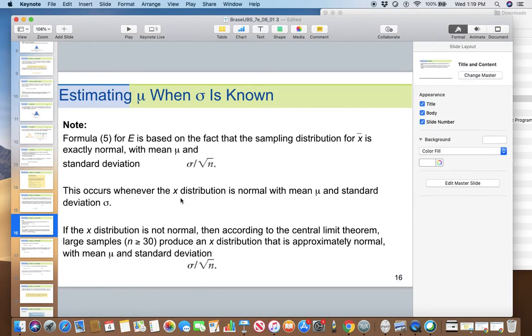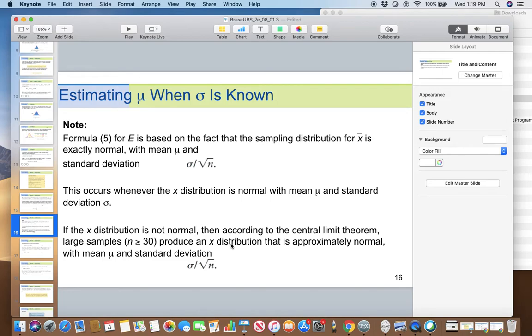Whenever the X distribution is normal with mean mu, you are guaranteed this to be the deviation for X bar. Now, if the X distribution is not normal, then according to the central limit theorem, you need large samples, at least 30.